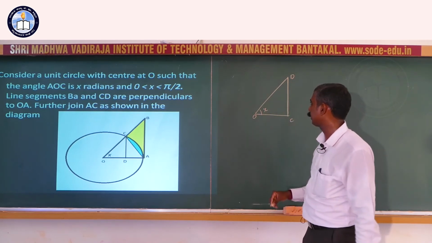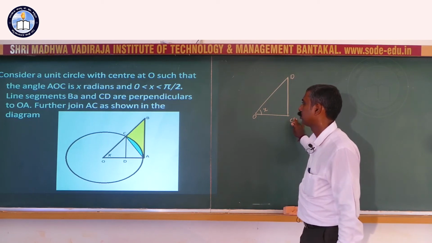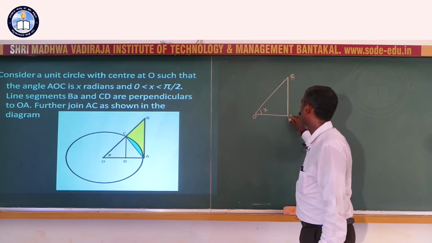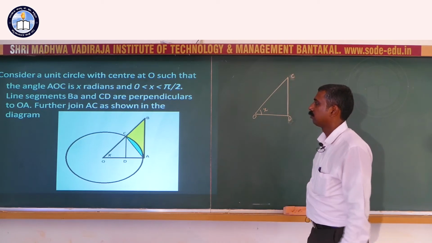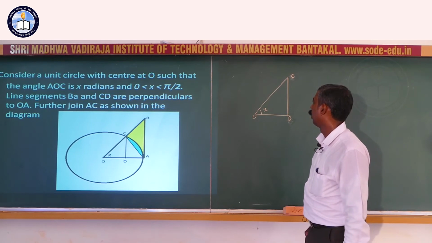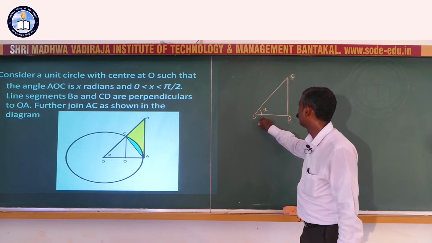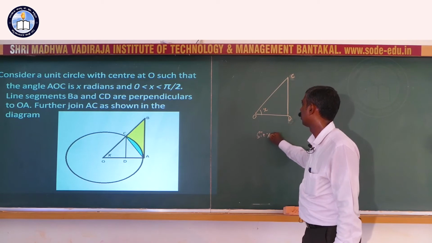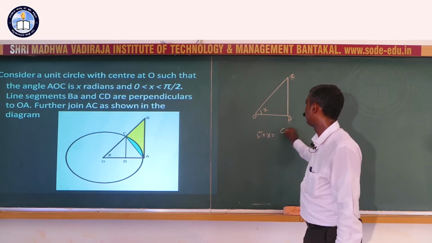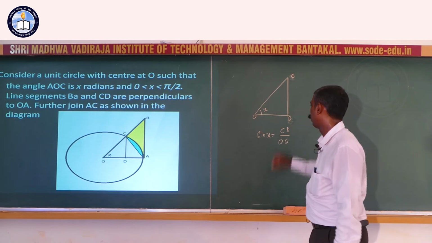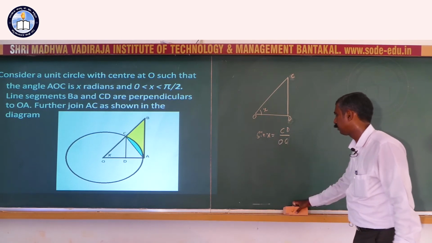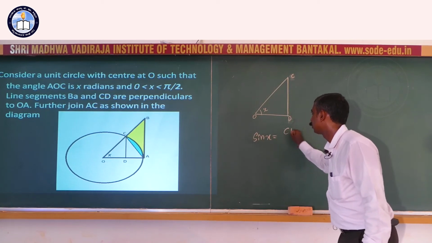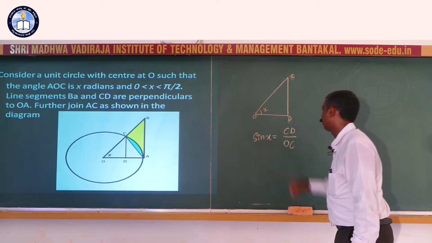So, in the triangle OCD, sin x is equal to opposite, that is CD divided by OC, opposite divided by hypotenuse.